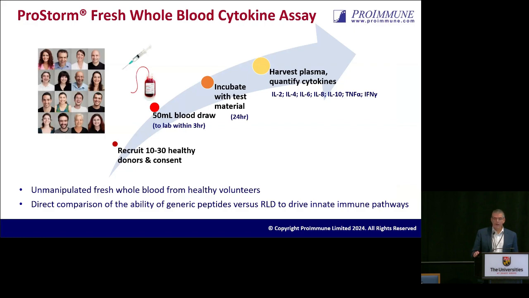Within 3 hours, the blood is incubated with the test material at a range of concentrations for a 24-hour period. Following that incubation, we harvest the plasma and quantify cytokines in an immunoassay, which I'll talk about in a moment. This allows us to directly compare the ability of the generic peptides versus the reference listed drug to drive any innate immune pathways.